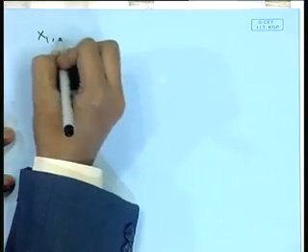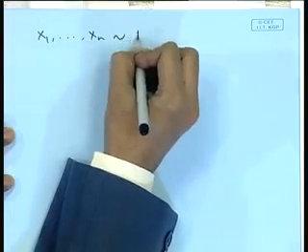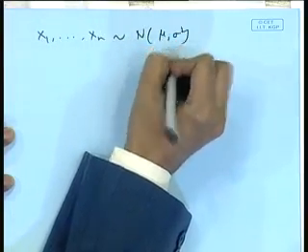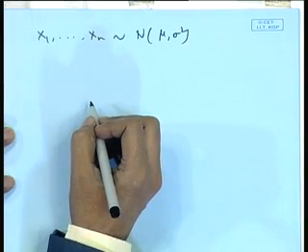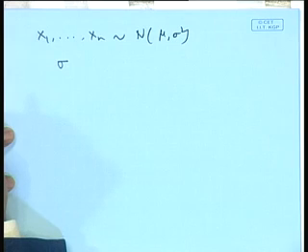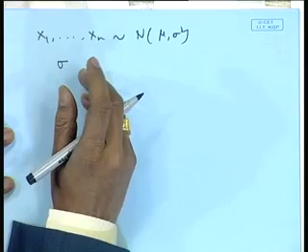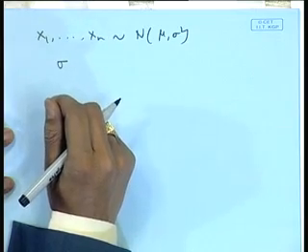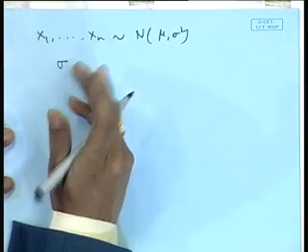Suppose in the same problem x 1, x 2, x n follows normal mu sigma square, and we are interested in the estimation of sigma. Now, if maximum likelihood estimation is to be done, then immediately we can take the square root of the estimator of sigma square, but that will not preserve the unbiasedness. So, we can then make use of the concept of completeness and sufficiency.